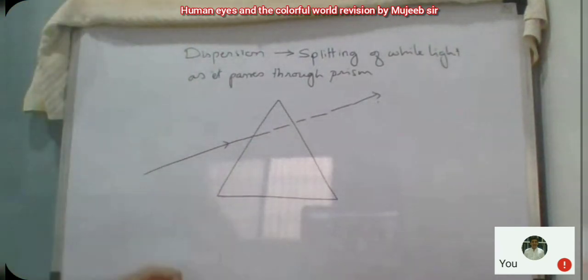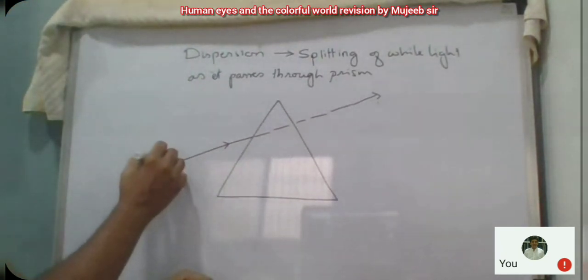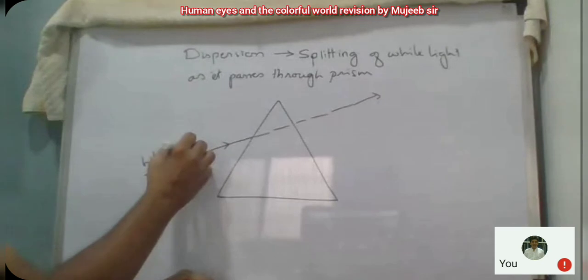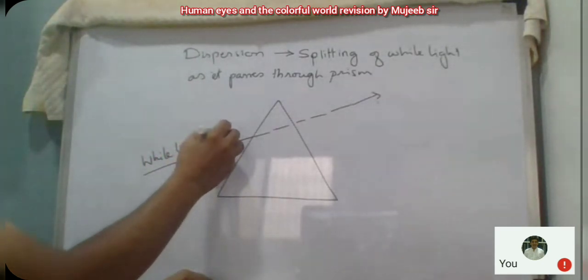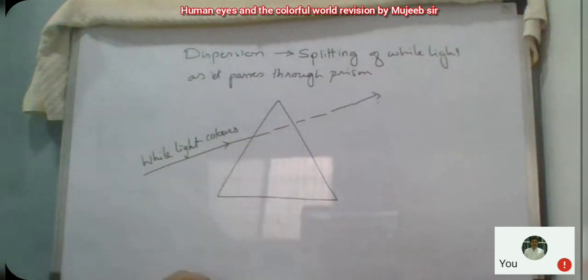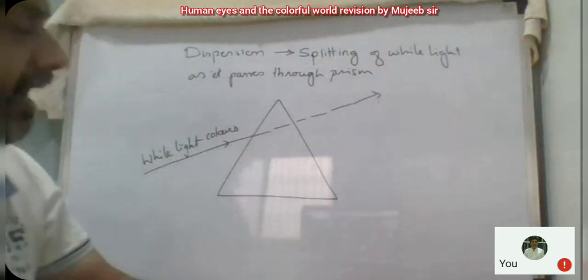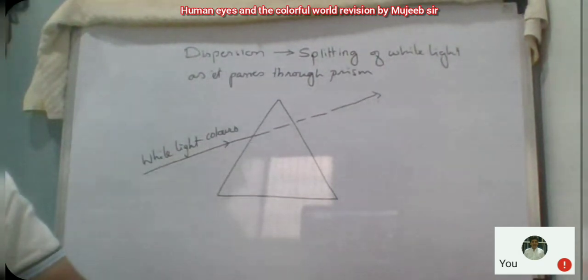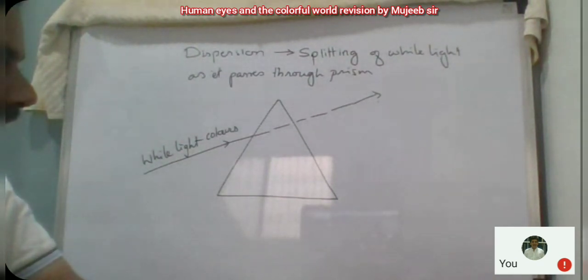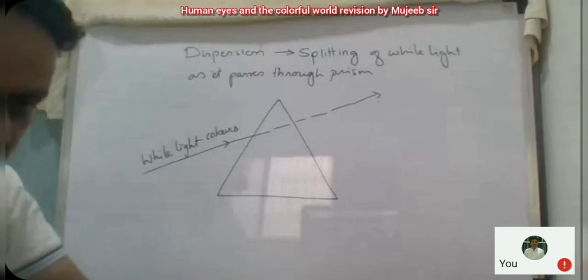White light is made up of 7 colors, and you know that all the 7 colors have different wavelengths. When the light goes from one medium to another, the wavelength changes, and then the speed will also change.